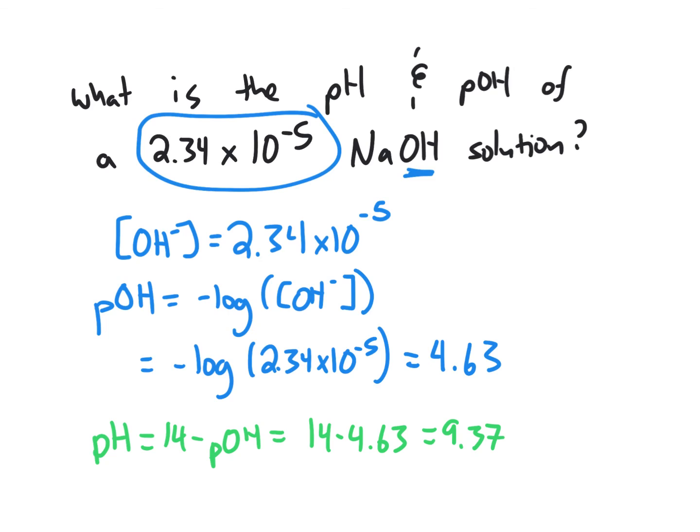Looking at the pH, is this an acid or a base? Look at the pH. It's a base. Do not look at pOH. pOH is the opposite. pOH is always the opposite.